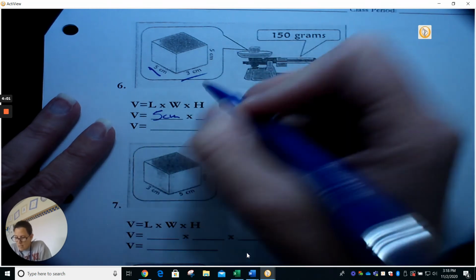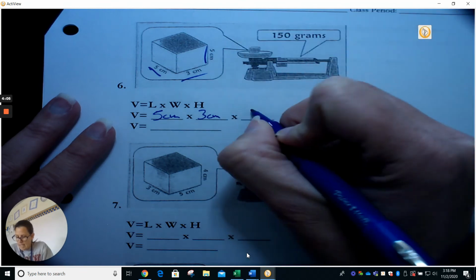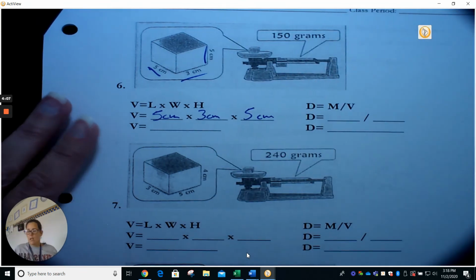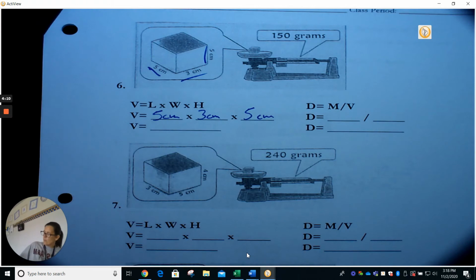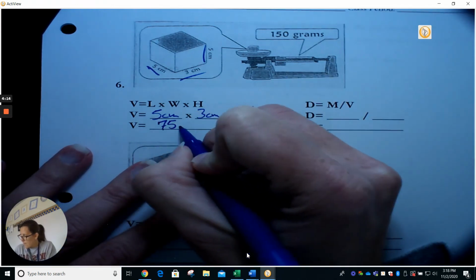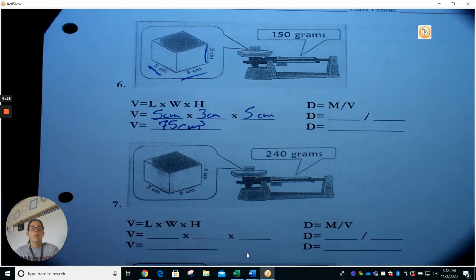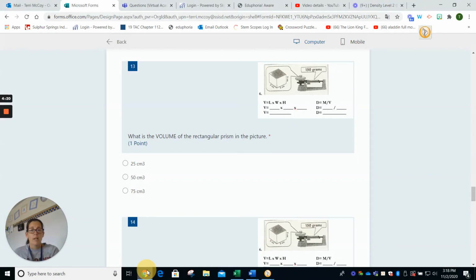There's our width, 3 centimeters. And there's our height, 5 centimeters. Okay, when we do that math, we are going to get 75 centimeters cubed. So whenever we go back to our form, we're going to select 75. There we go.